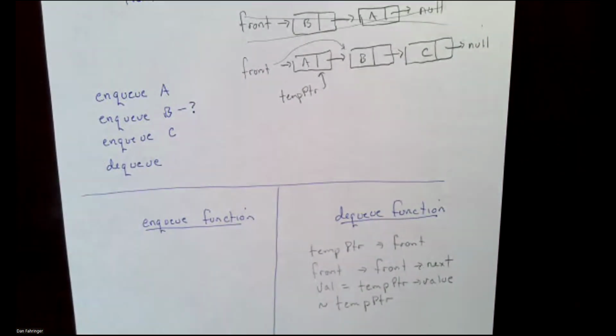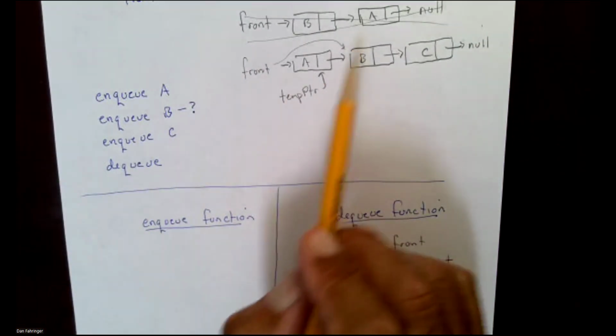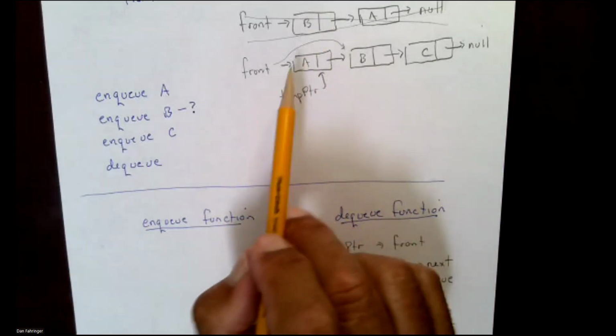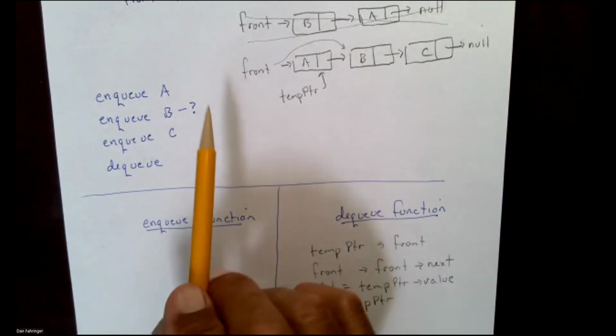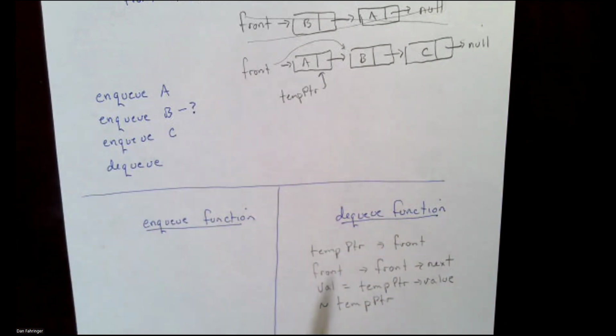That might make it a little bit better. Dequeuing's pretty good. Now, what if front points to B? I have C. What if I want to enqueue D? So this was good. I like that. But how do I get D on there? You have a rear pointer point to the last node in your list.